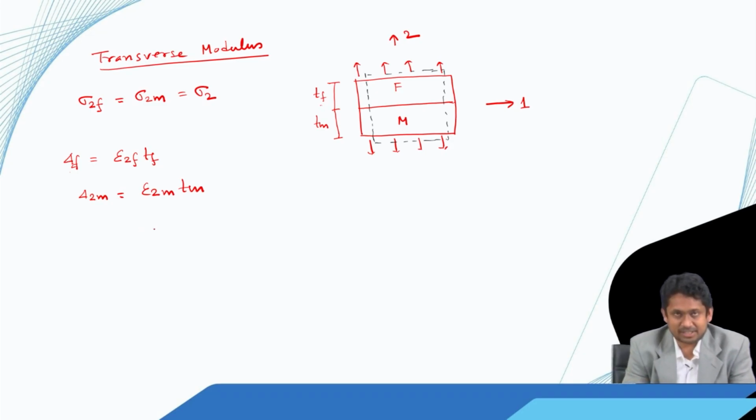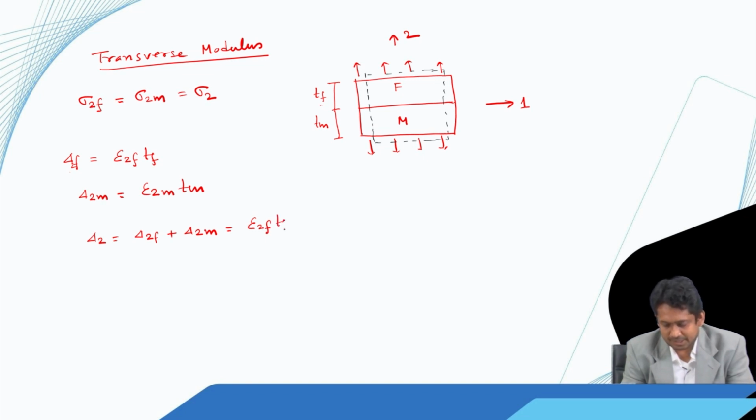So, the total elongation in direction 2, which is called delta 2, we can write as delta 2 f plus delta 2 m, and this we can write as epsilon 2 f T f plus epsilon 2 m T m.